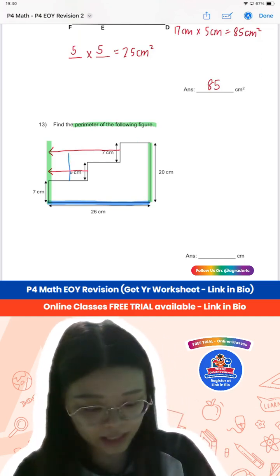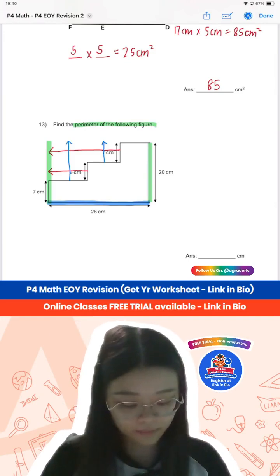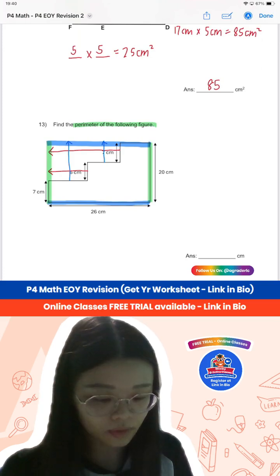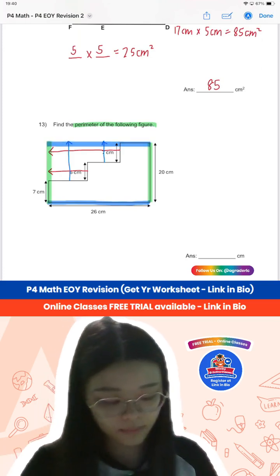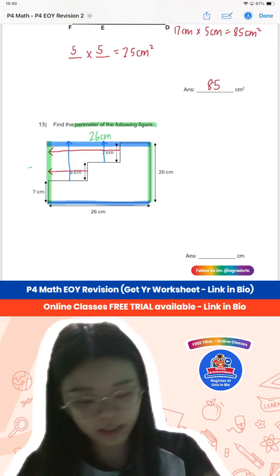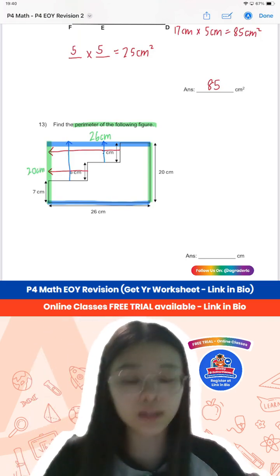So this line goes out, this line goes out, and this line stays right at the top because it's already at the top. And then now we can fill it in like that. Then we know already the blue one is 26, the green one is 20. So have we created a nice little rectangle?